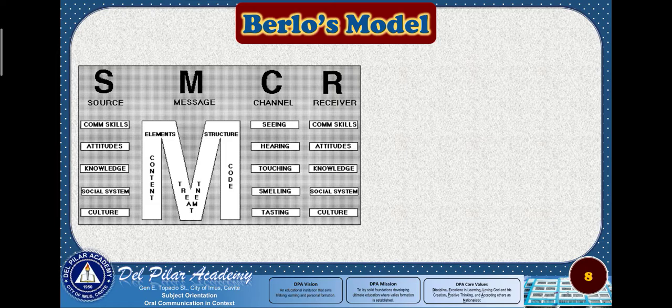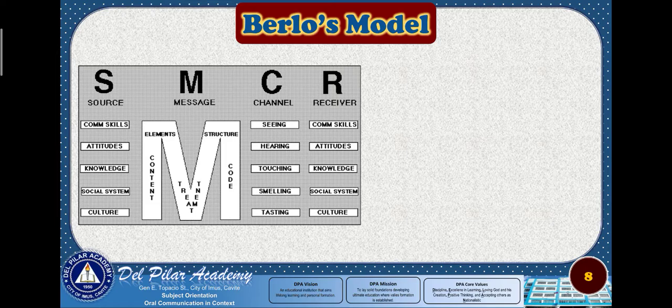The sender's ability to send the message accurately to the receiver is influenced by his communication skills or his ability to write, to speak, to listen effectively. Next, it is also affected by his attitude or the way the sender perceived himself or herself and the receiver of the message.